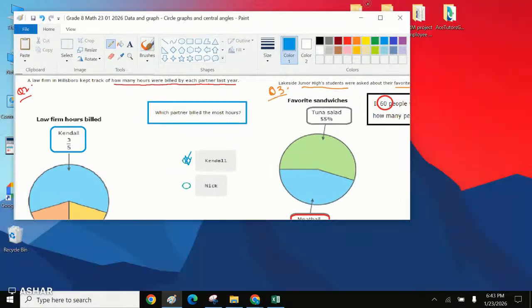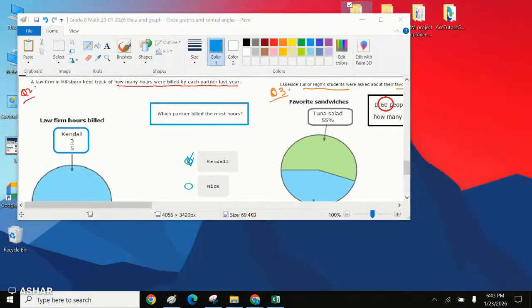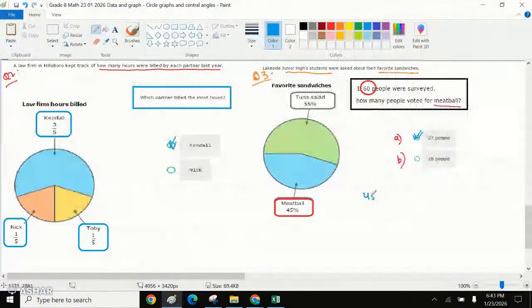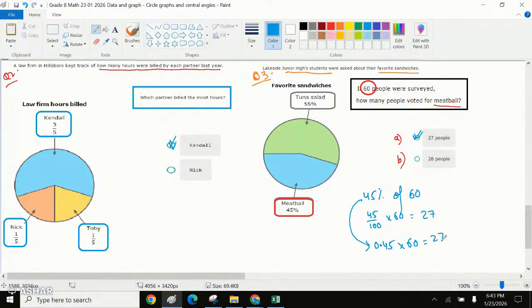How? We say 45% of the total 60. Either you write 45 upon 100 into 60 or you write 0.45 into 60. Your answer is 27, right?